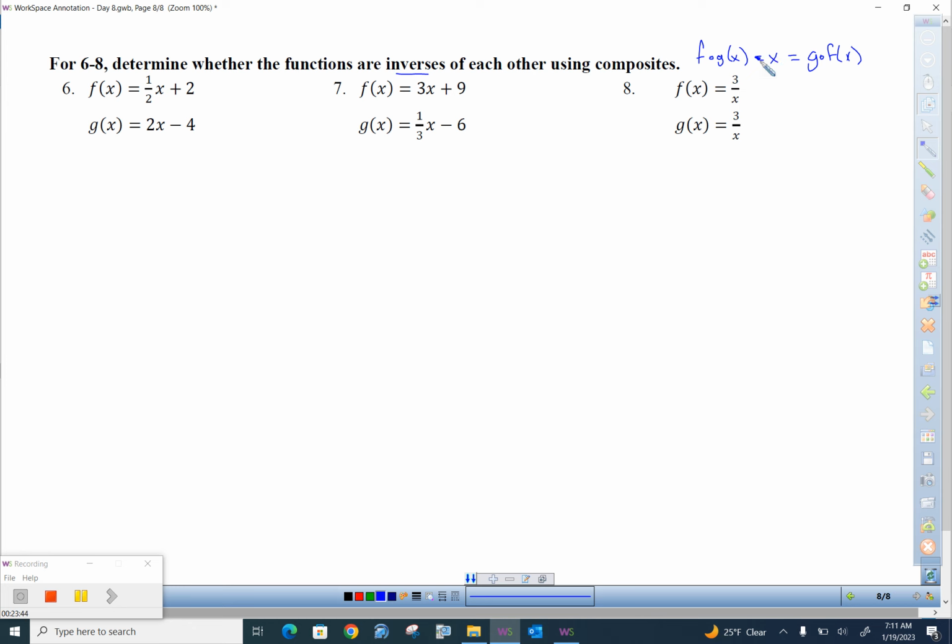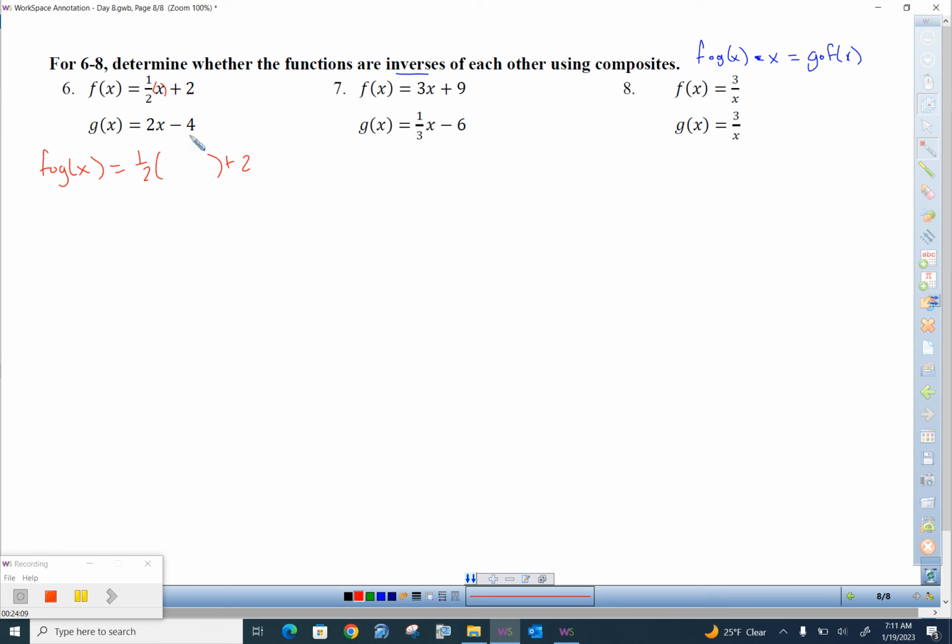As soon as one of them is something other than x, then we can stop, because it's clear these things are not inverses. But I'm going to have you do both to show that it's true either direction. So starting now, f of g of x, and you do have to label this for me, says we start with the f function, but we're going to leave space here.